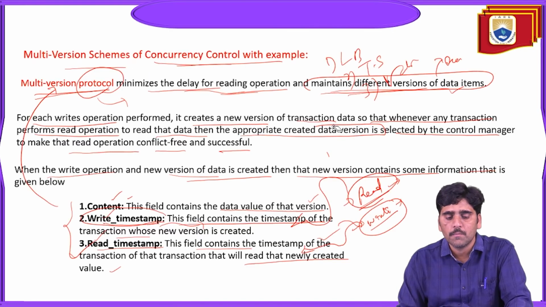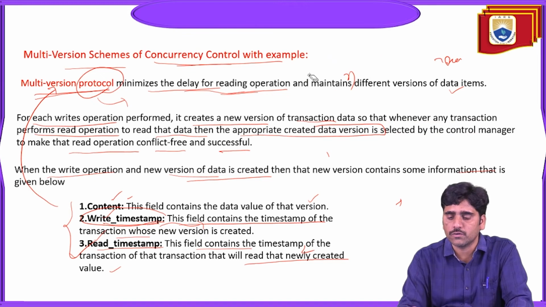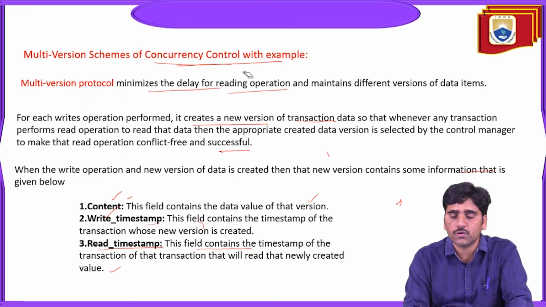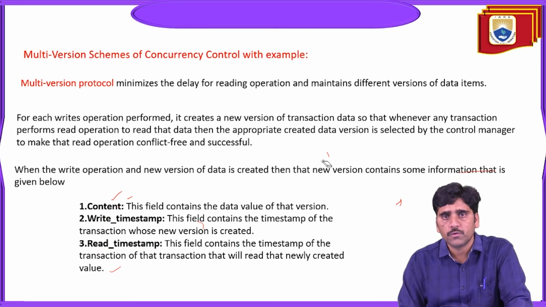And the next one, multiversion schemes of concurrency control. There are different types of concurrency control protocols: one is the lock-based protocol, the second one is the timestamp-based protocol, and the third one is the validation-based protocol.